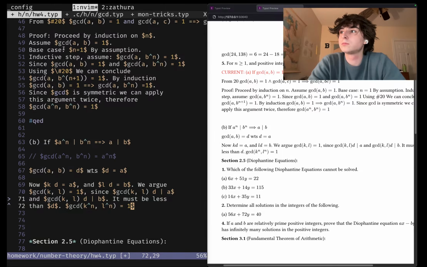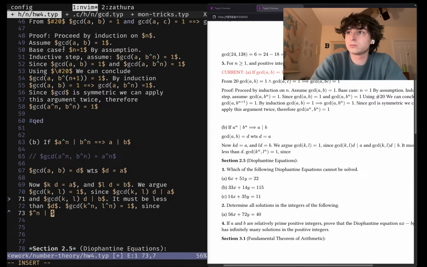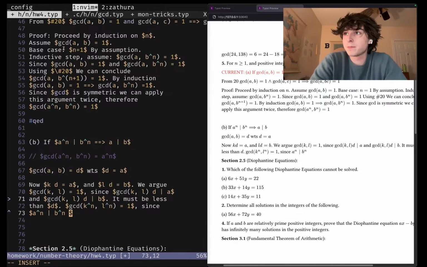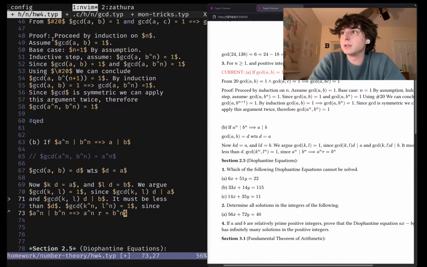And then we can substitute in our expressions for a and b, in terms of k and L. Then d to the n appears in both equations, which we can just cancel out, and we'll get r k to the n is L to the n. So in particular, k to the n divides L to the n.